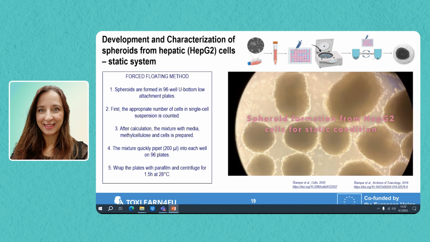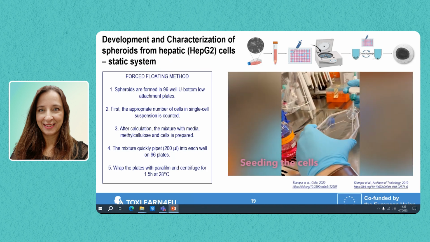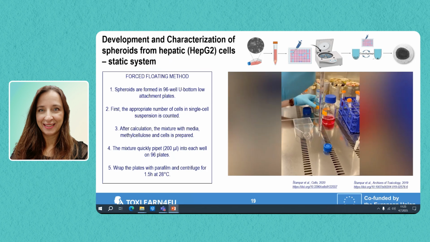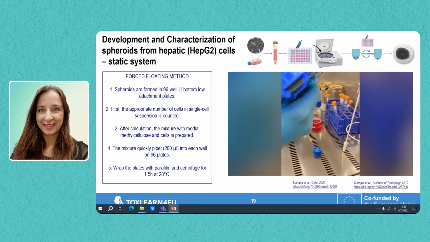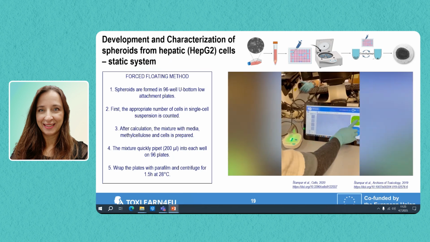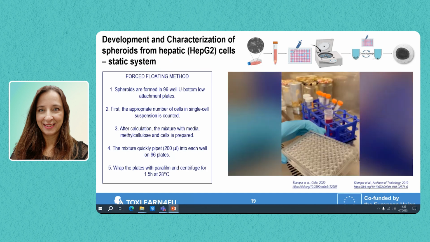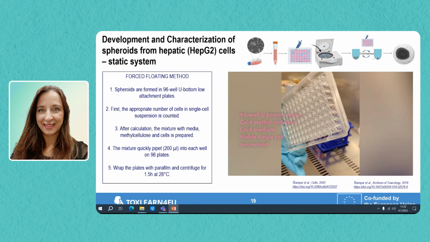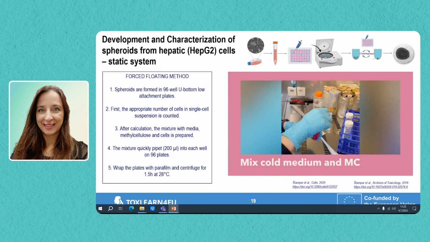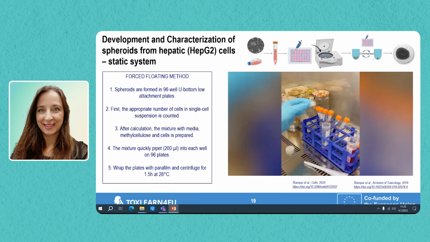After that, we can culture them in the incubator. So, counting the cells, methyl cellulose for the matrix, 96 well plates, each one is one spheroid. So we mix the methyl cellulose and the media with the cells.